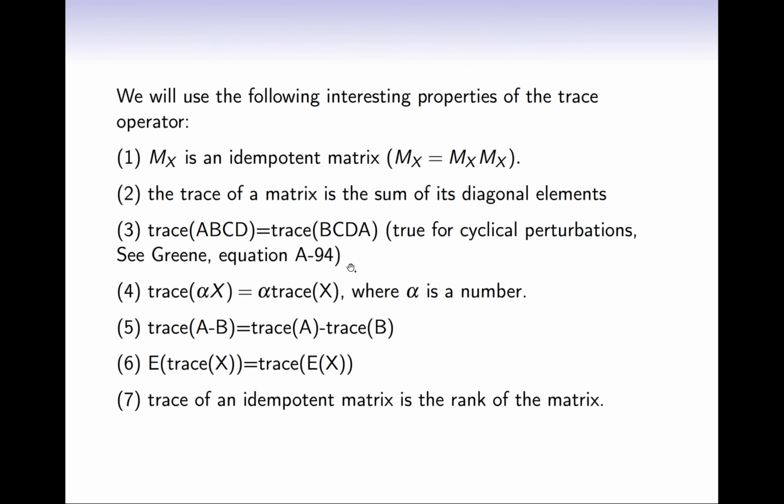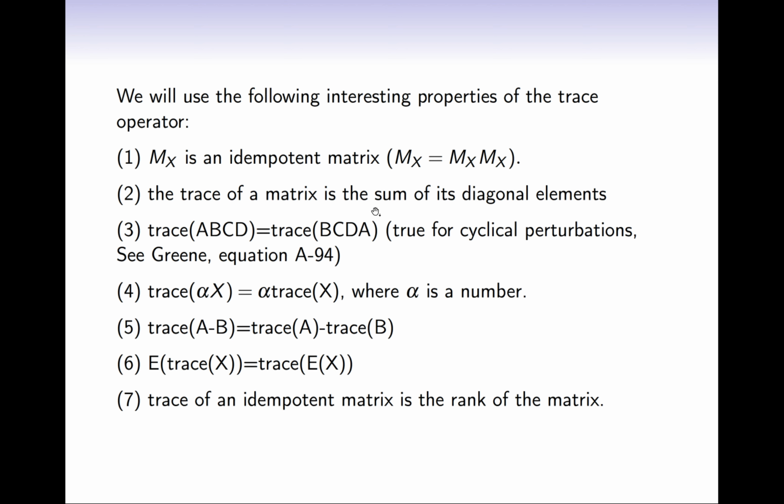Okay, and I like this proof because it uses some really interesting properties of the trace operator. So first, let me describe what is the trace operator. So in linear algebra, the trace of a matrix is the sum of the diagonal elements, okay? So these are the properties that we're going to use. So Mx is idempotent.